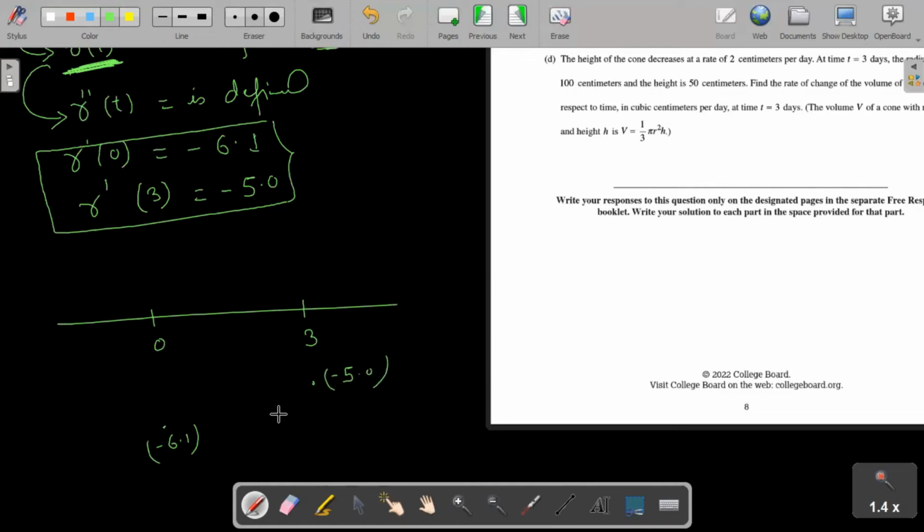And we know this function is continuous. How will it be? It may be kind of like this.